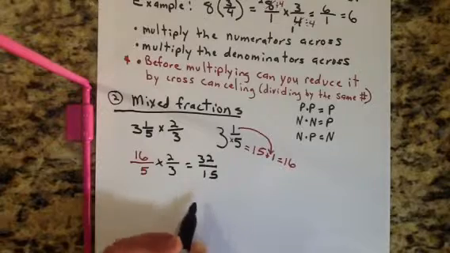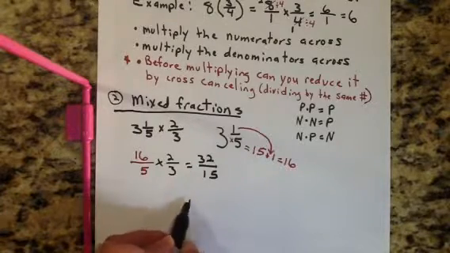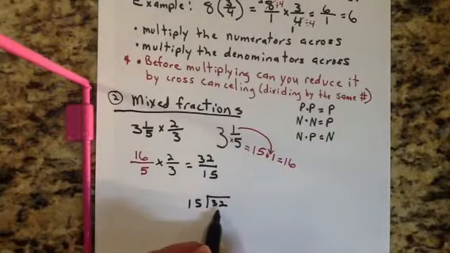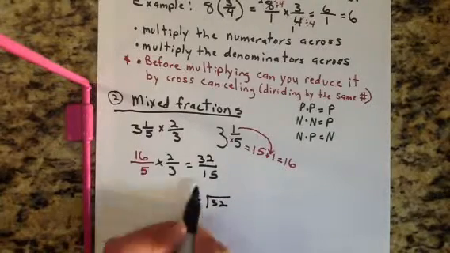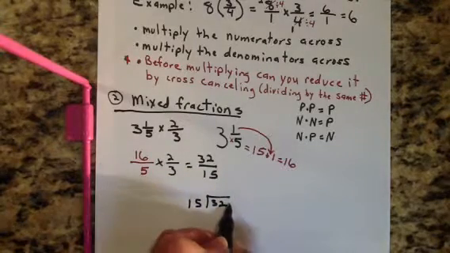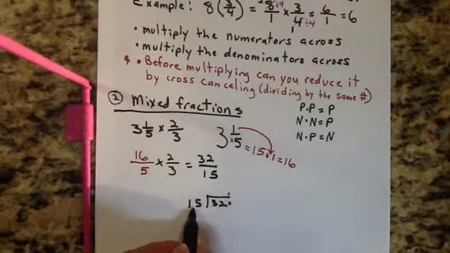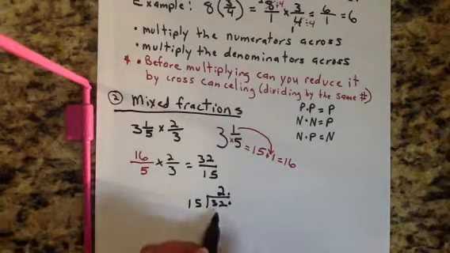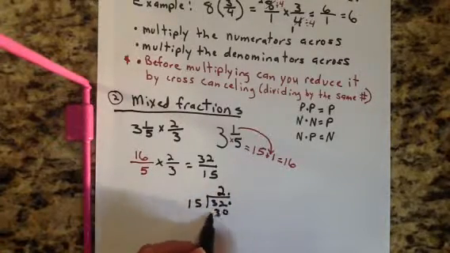Now, we can do it this way. 32 divided by 15, remember that's one of the meanings of this bar is divide by. So 15 can go into 32 2 times, which is 30.